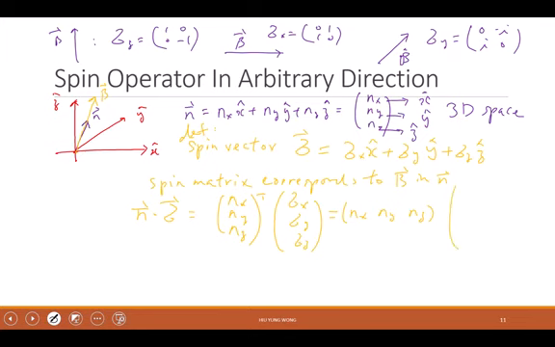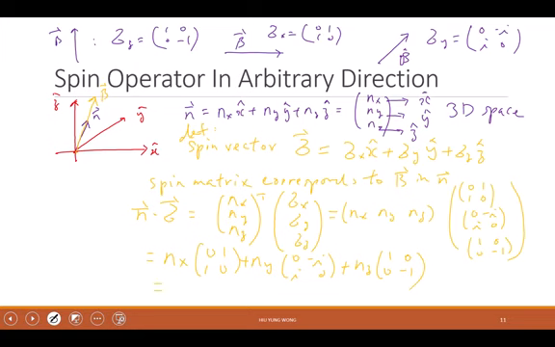This, if I really want to write it out, is the matrices 0, 1, 1, 0; 0, negative i, i, 0; 1, 0, 0, negative 1. And then you do the multiplication, which is nx times [0, 1; 1, 0], plus ny times [0, negative i; i, 0], plus nz times [1, 0; 0, negative 1].